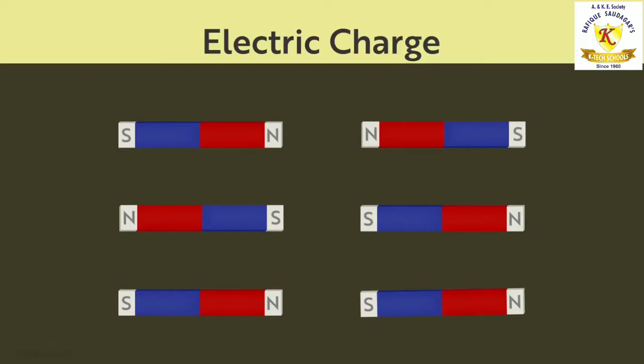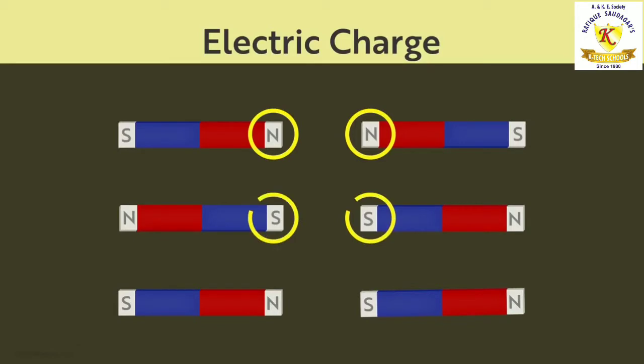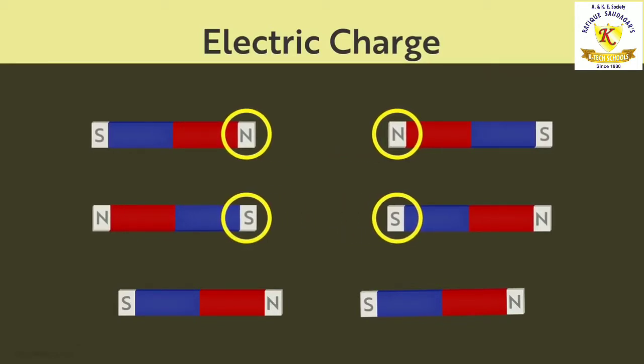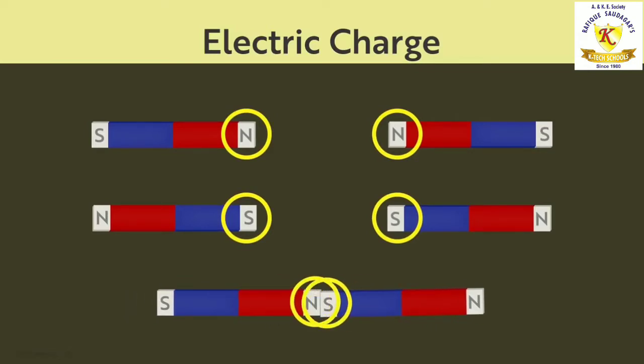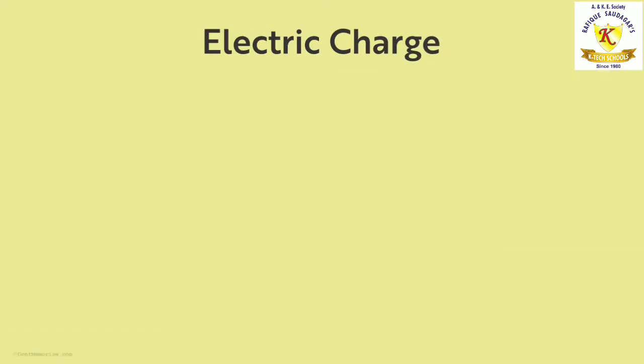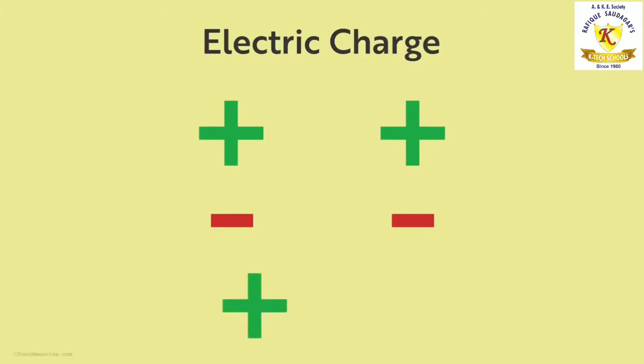We know that two like poles, that is two north poles or two south poles of a magnet, repel each other and unlike poles attract each other. Similarly, like charges, that is two positive or two negative ones, repel each other. And unlike charges, that is a positive and a negative one, attract each other.